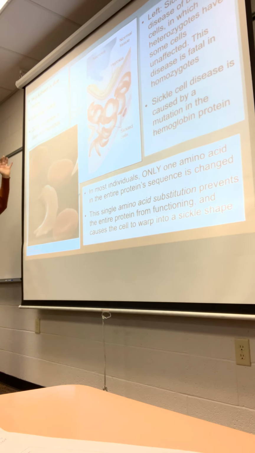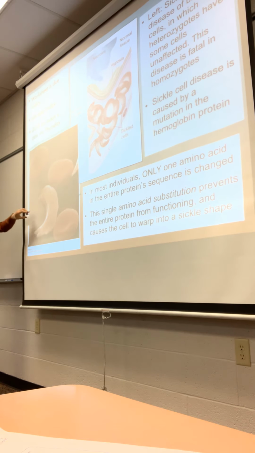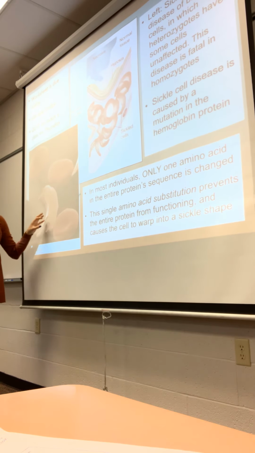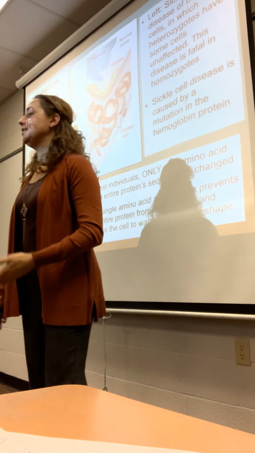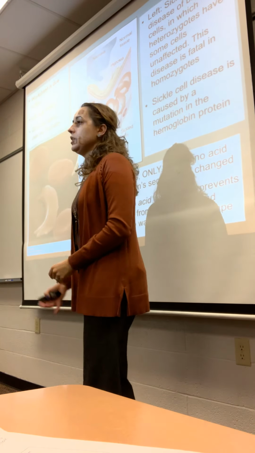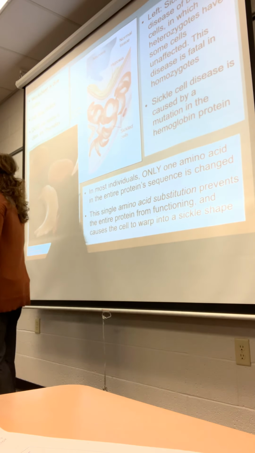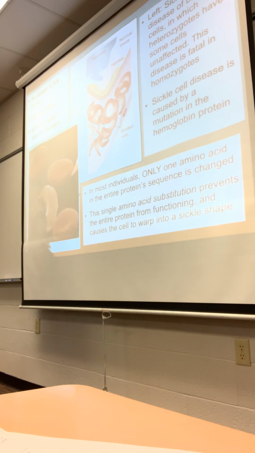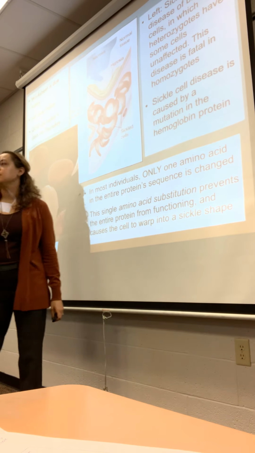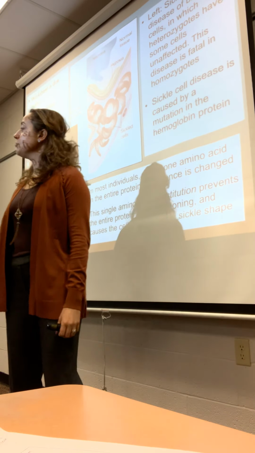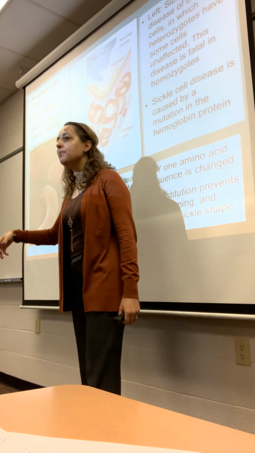I wanted to show this image. I'm sure many of you have heard that sickle cell disease is caused by the change of a single amino acid in one protein. So hemoglobin, obviously an important protein. Hemoglobin is the protein that actually binds to oxygen in our blood and delivers that oxygen to our tissues.